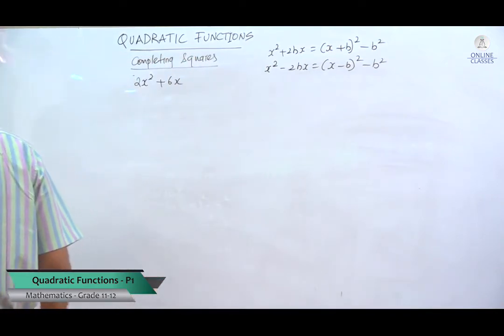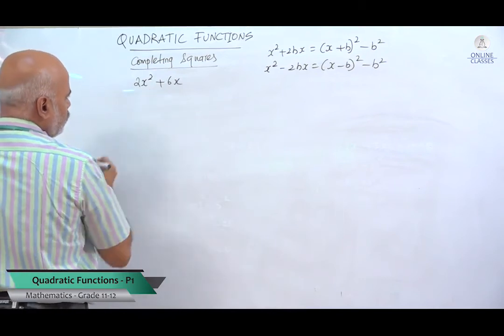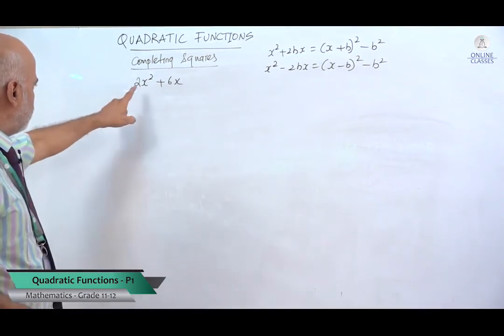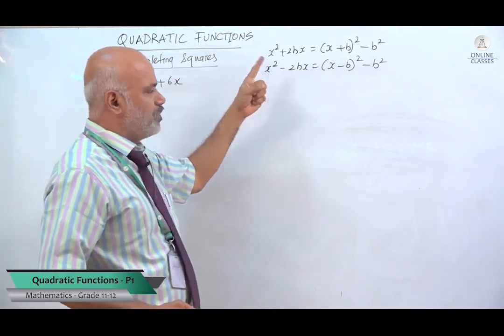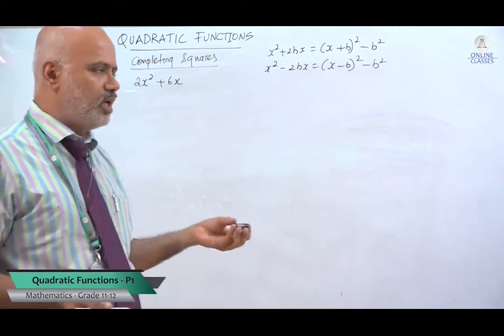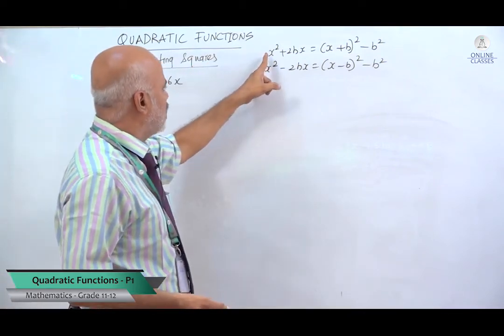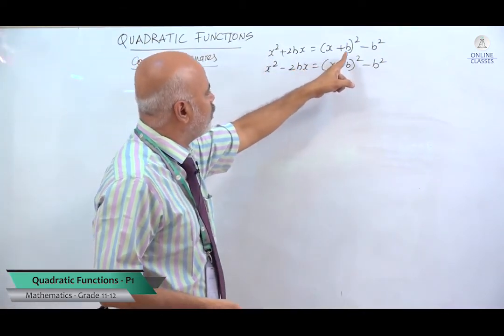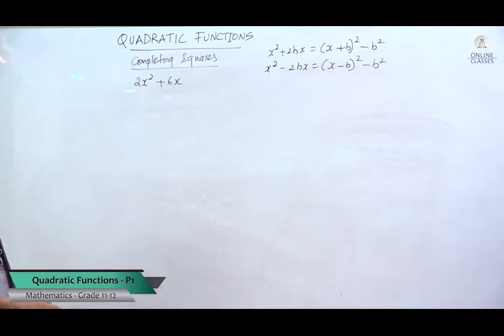But this is a different one. You have a number with x square. Previously, just x square meant the number with x square is 1, so it was not a difficult one. If you have the number with x square as 1, then only it is possible to do it like this. But in this case, it is not possible to do directly.